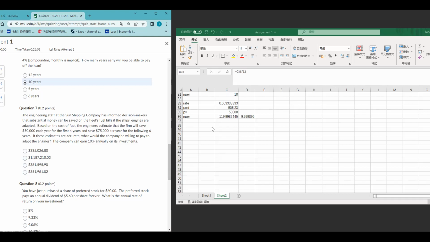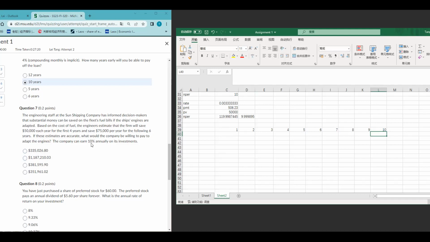So same thing as the first step, we make a list of all the information and numbers from question 7. So we know that 15,000 for 4 years, 75,000 for 6 years, so it's totally 10 years. Okay, so 1, 2, 3, 4, 5, 6, 7, 8, 9, 10.